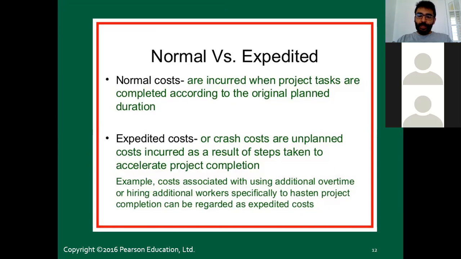For example, if you do overtime, I mean, you couldn't meet the deadline, or you need to hire additional workers. So you cannot plan well. You need additional workers, additional team members, or you want to do the project more quickly. So you need extra resources, extra people, extra overtime. So these costs are called expedited costs.